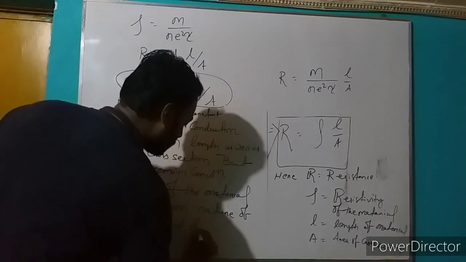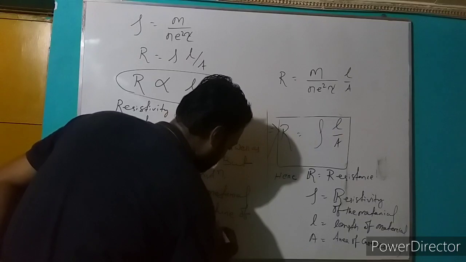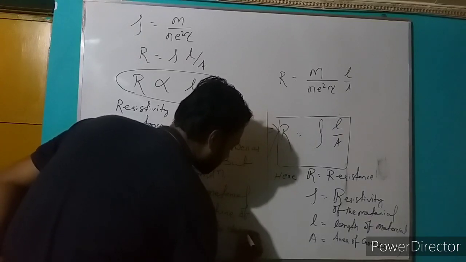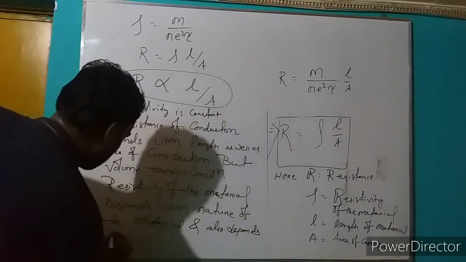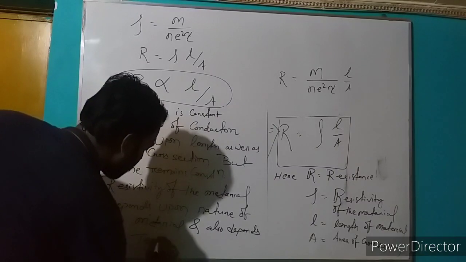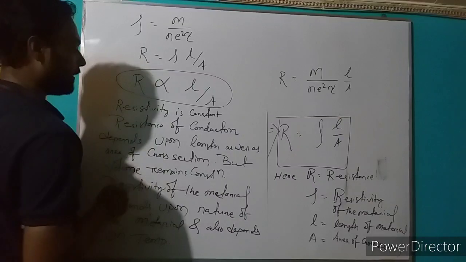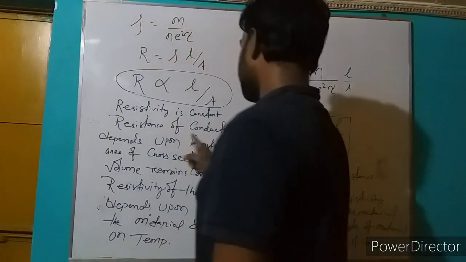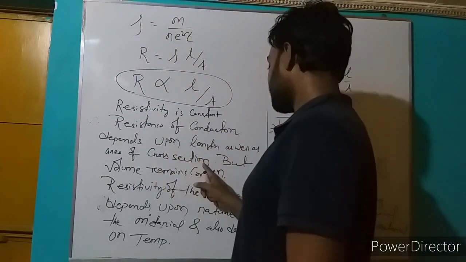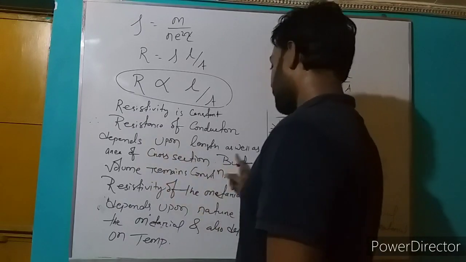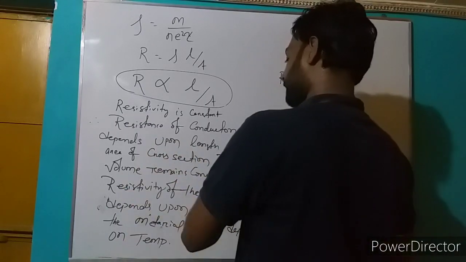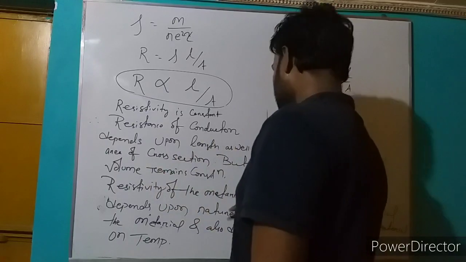Okay, and also it depends on temperature. Okay, similarly, resistance also depends upon the length of the conductor as well as the cross-section area, but it is independent of volume. That means volume remains constant.